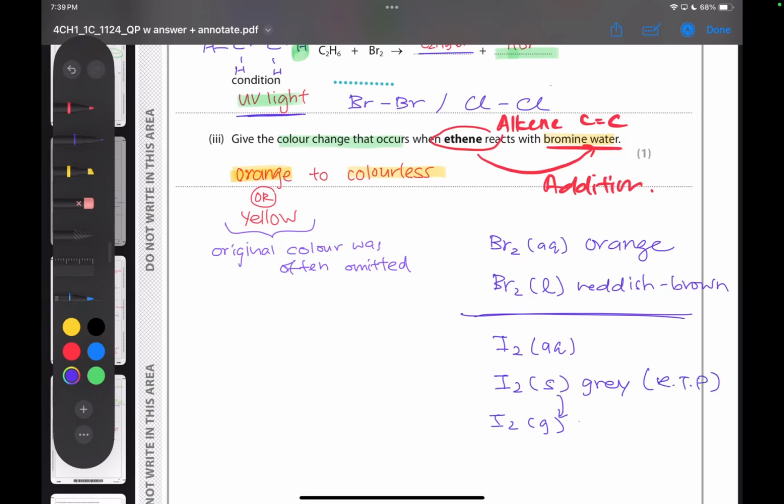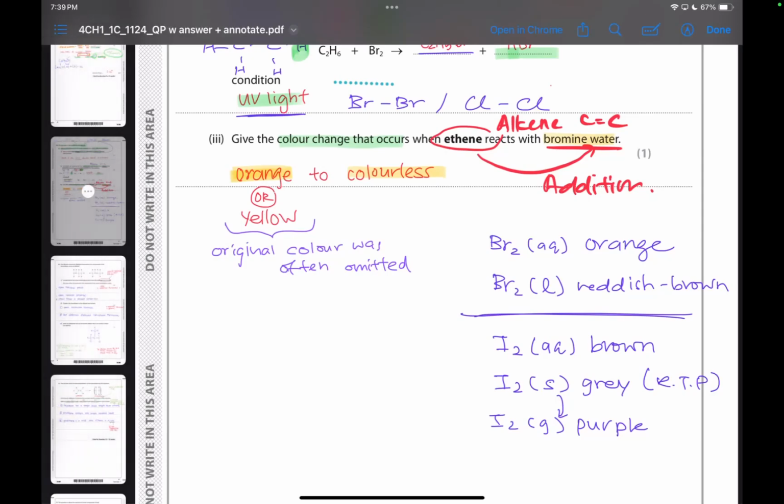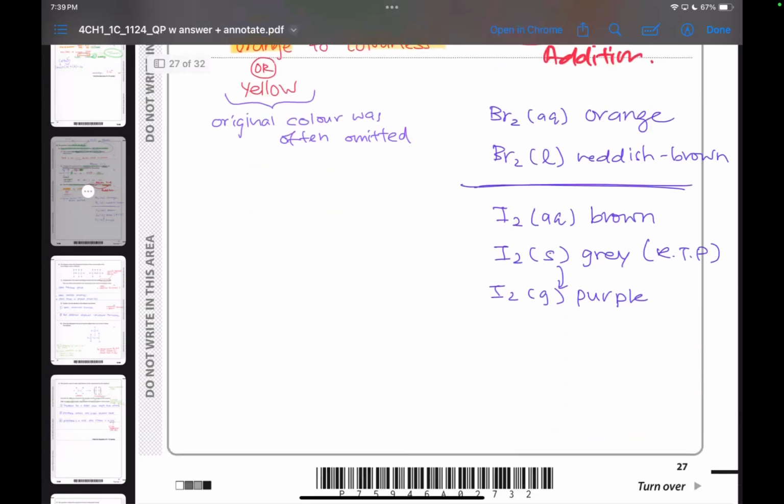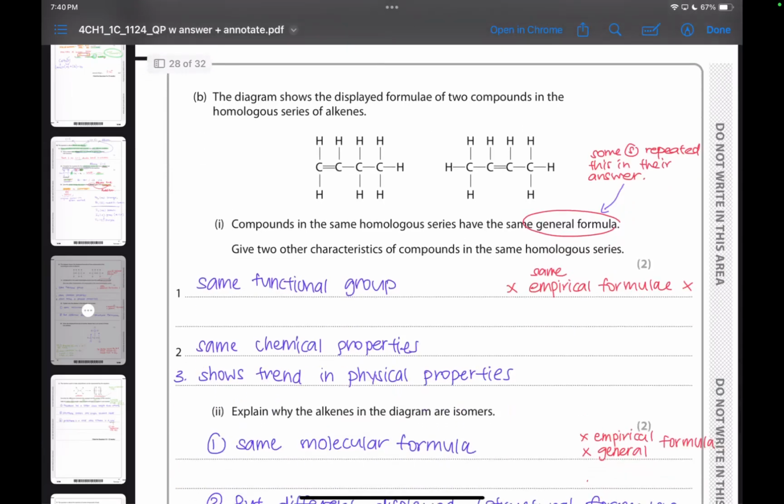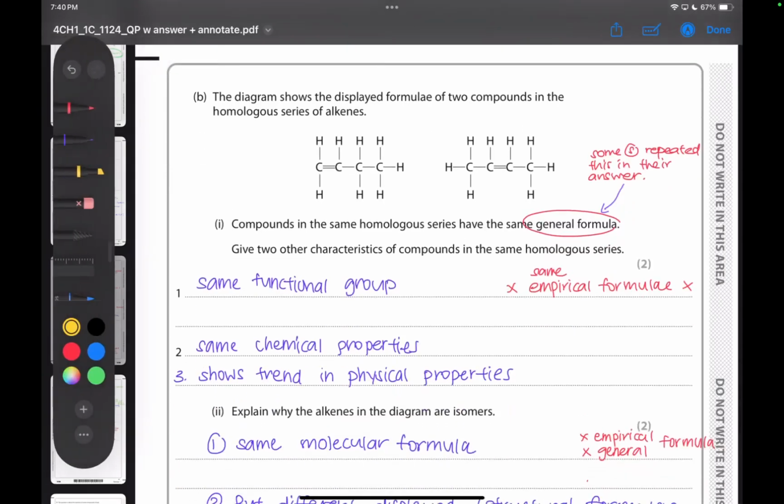If sublimation, it turns purple. If it's dissolved in water, it is brown. So take note of that. That's a little bit of halogen, group 7 of the periodic table, that you need to take note of.